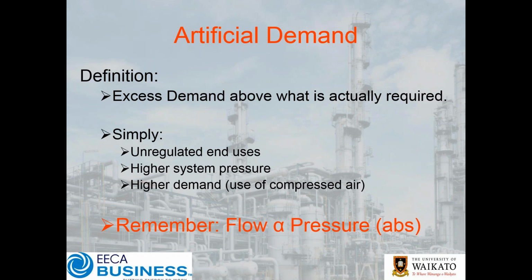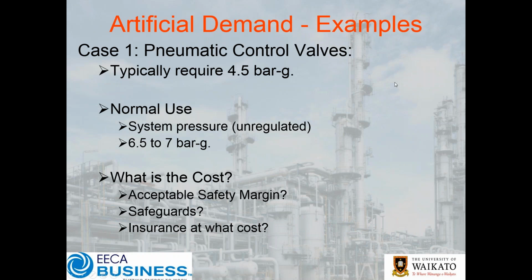So we want to make sure we have sufficient pressure, but if we have substantially more pressure than we need, we're going to use a lot more air than we actually need to, and we'll go through some examples to highlight that. So here's the first case scenario. We have a pneumatic control valve. Now they might typically have a specification that requires 4 or 4.5 bar gauge air.